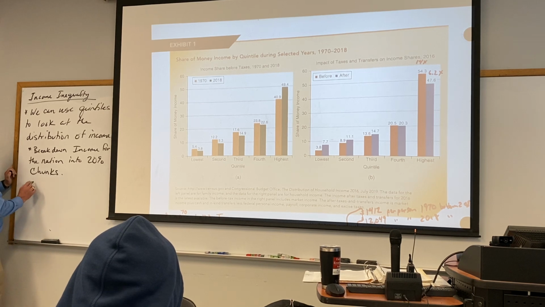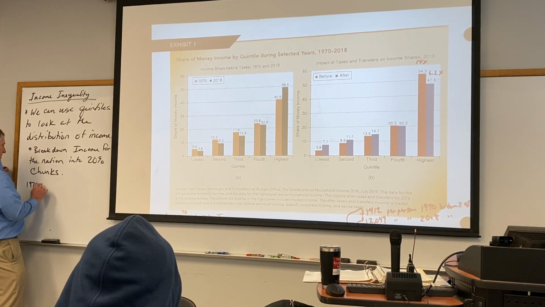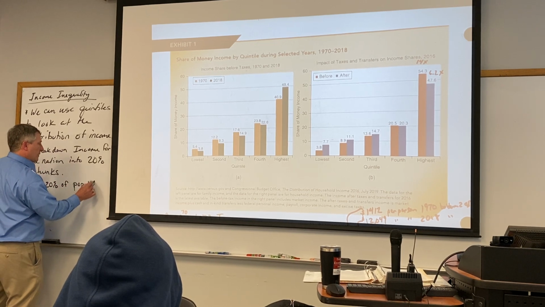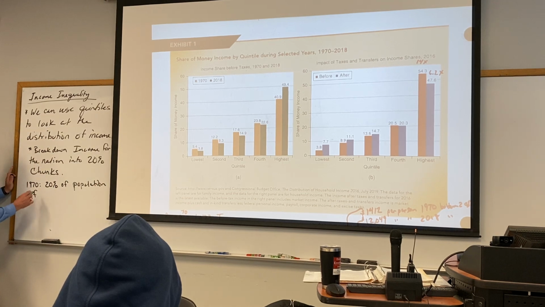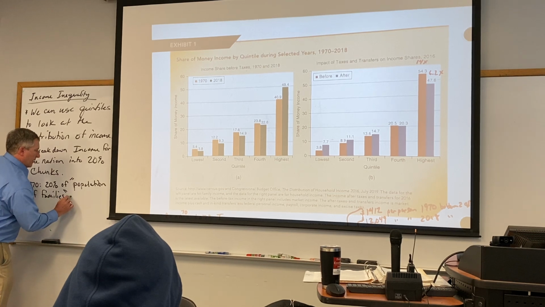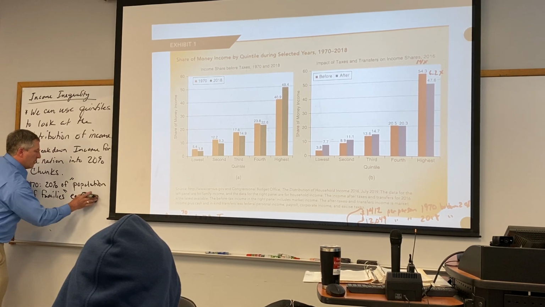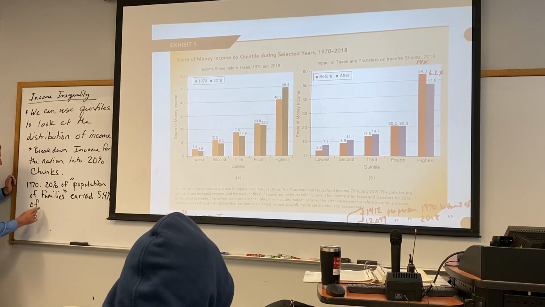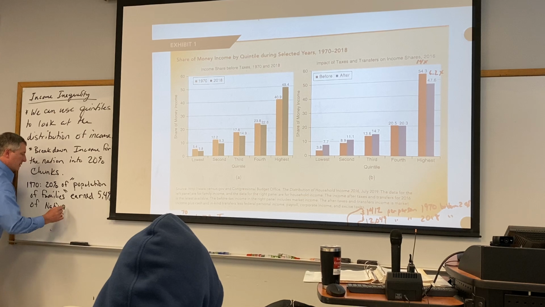So from this example, 1970, we've got the 20% of the population, and this one's families, so there's a little distinction between families and households. 20% of the population of families earned 4% of the nation's total income.